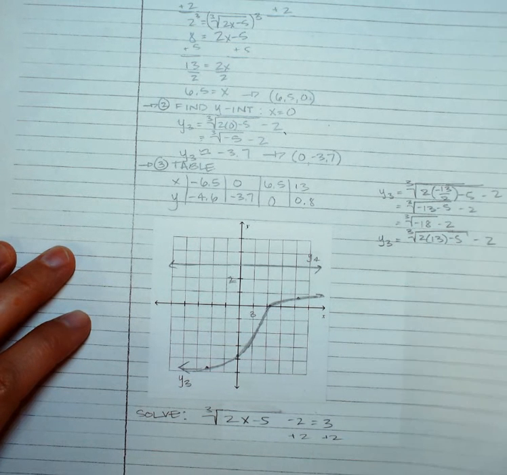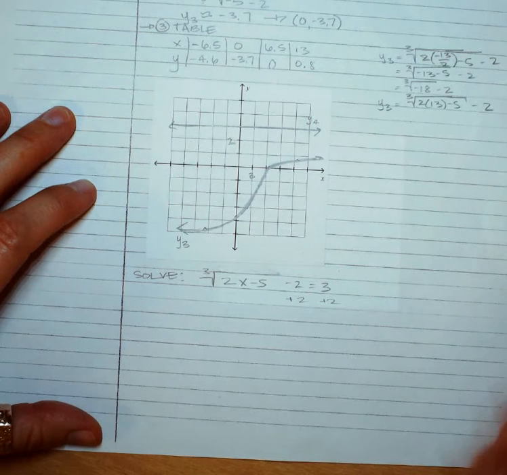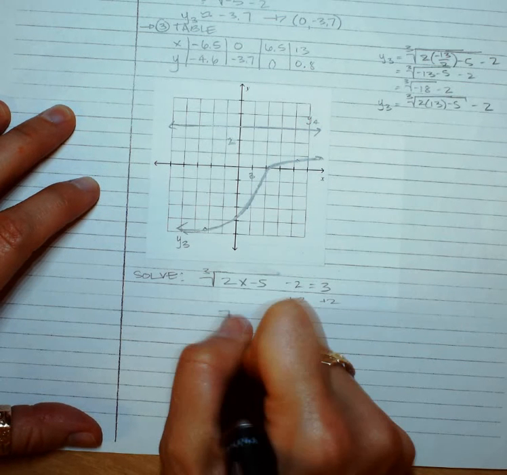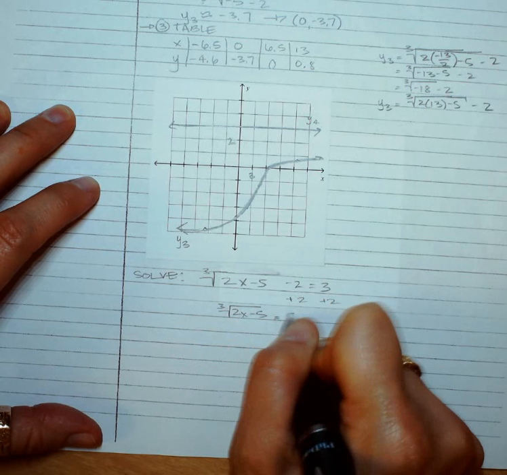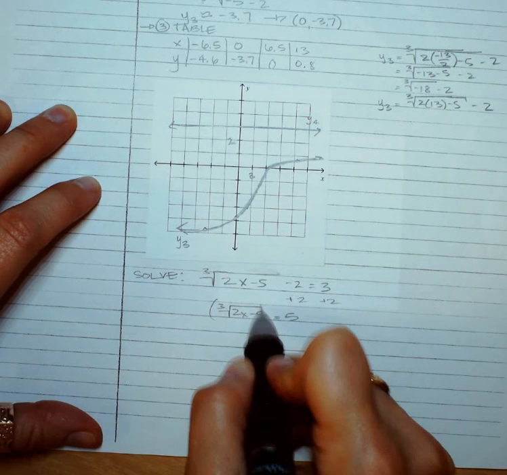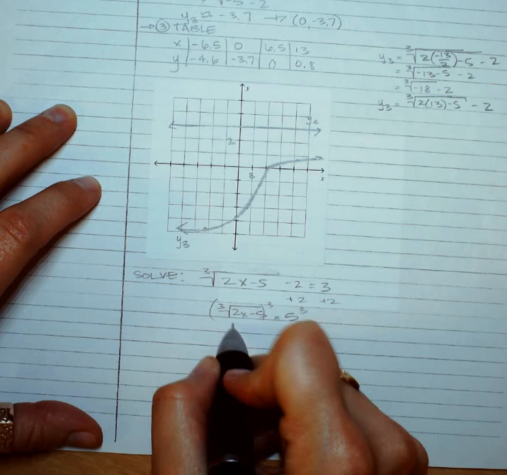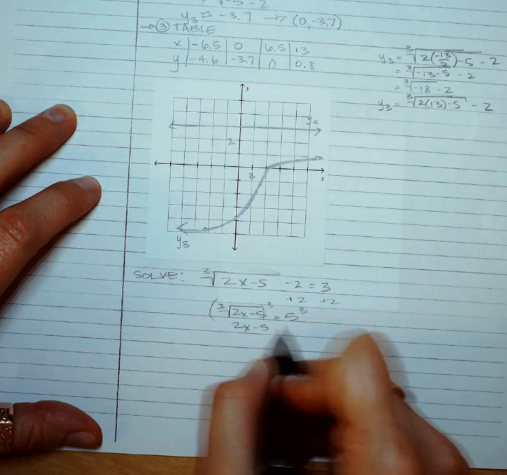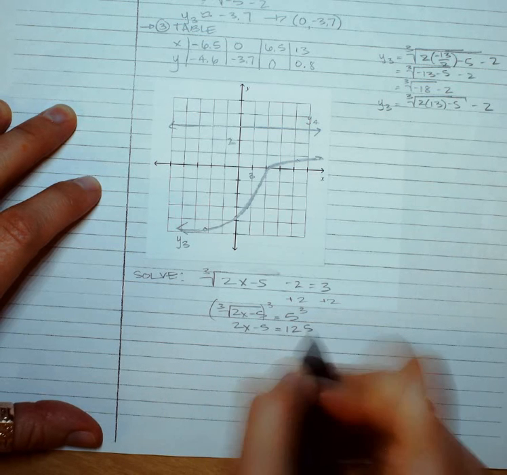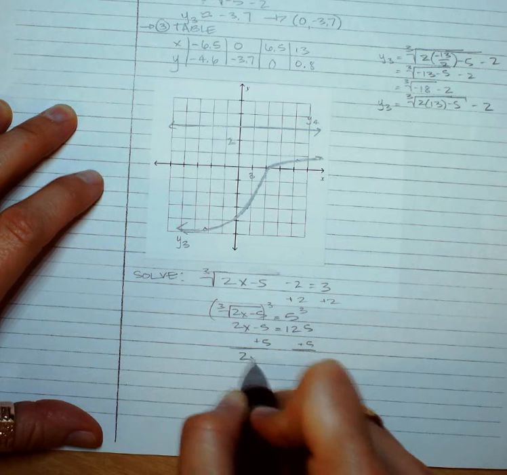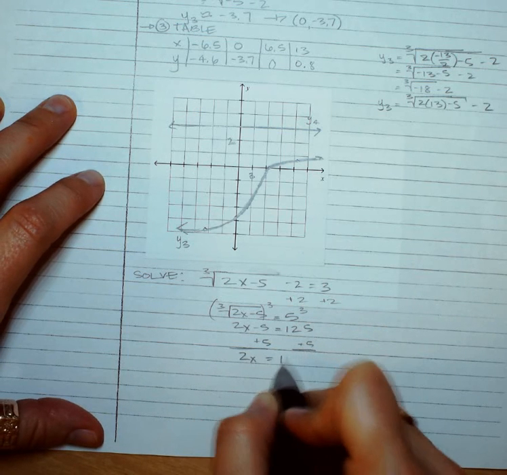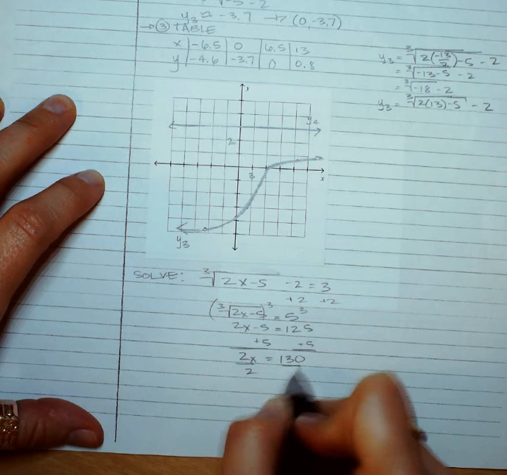So that gives me the cube root of 2x minus 5 on the left equals 5 on the right. Again, I'm going to cube this and cube this. So this is 2x minus 5 equals 125. When I add 5 to both sides, I'll have that 2x equals 130. When I divide by 2, I get that x equals 65.